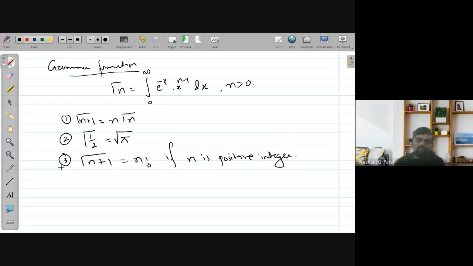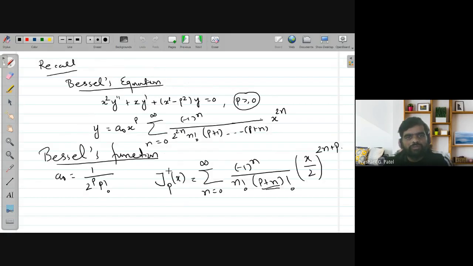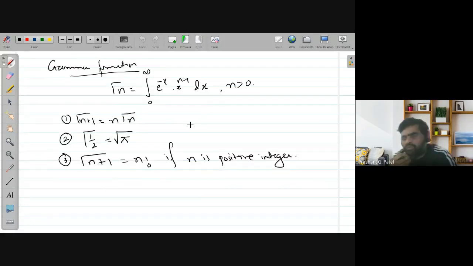Now in this lecture, we'll define the Bessel's function for negative p, where (p plus n) factorial is our objective. So for that, we will define this gamma function for negative values also. This gamma function is defined for positive values. Now our objective is to define this gamma function for negative values also.